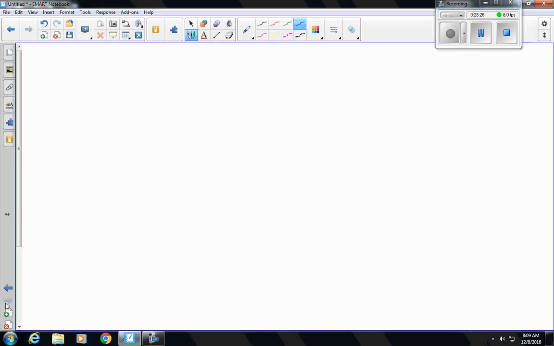All right, so let's say that sine of theta is equal to 3 over 5, and tangent is less than 0. Okay? So I need to sketch a triangle. And these are the clues that tell me where to put it.